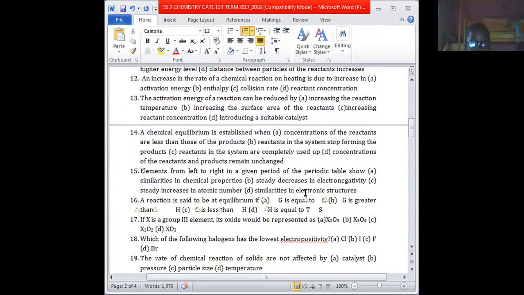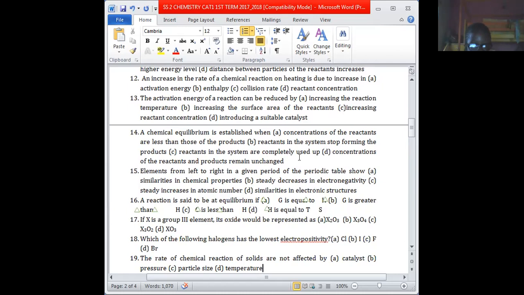A chemical equilibrium is established when D. Correct. That's when concentrations of the reactant and product remain unchanged.